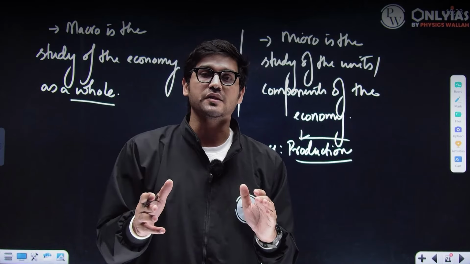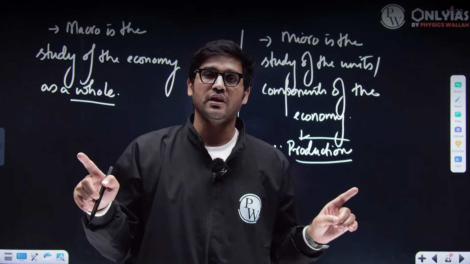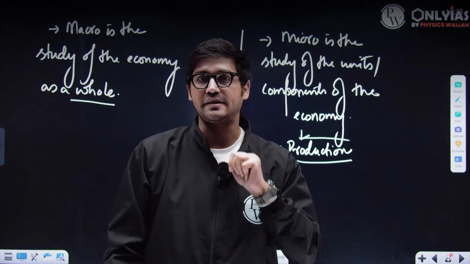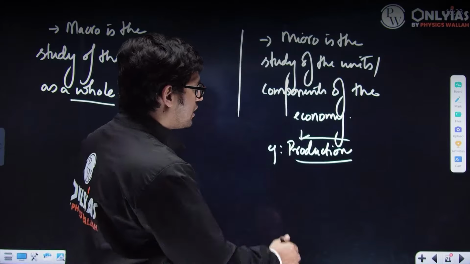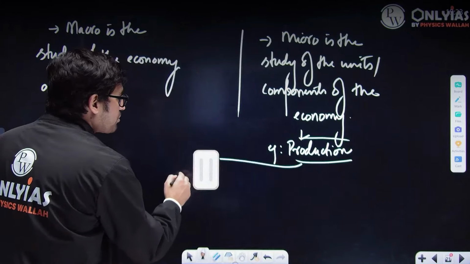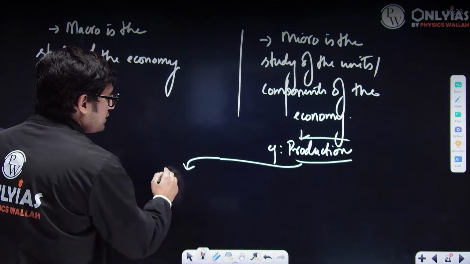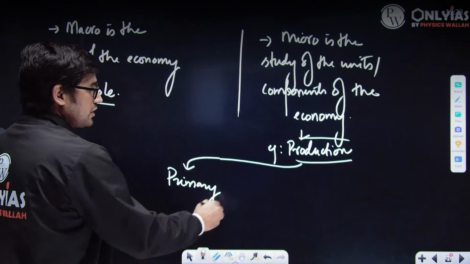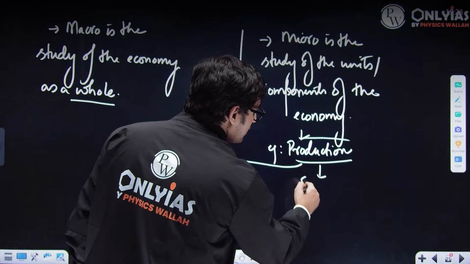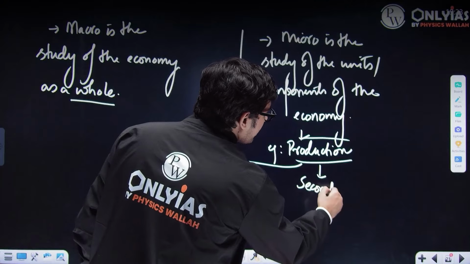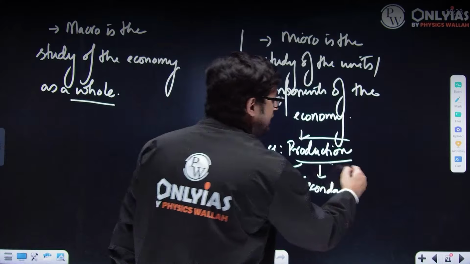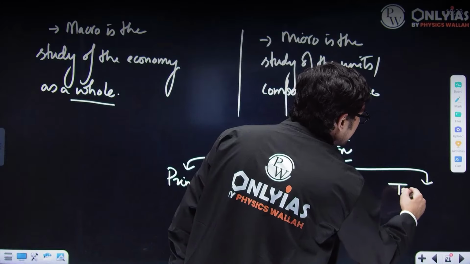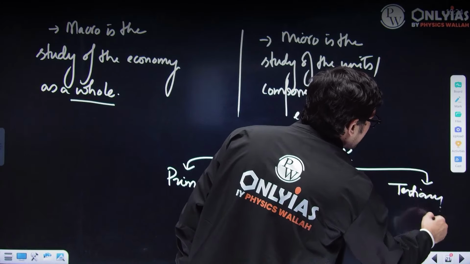On that basis, all the production can be divided into three sectors. There can be production happening in the primary sector of an economy. There can be production happening in the secondary sector of an economy, and there can be production happening in the tertiary sector of an economy.